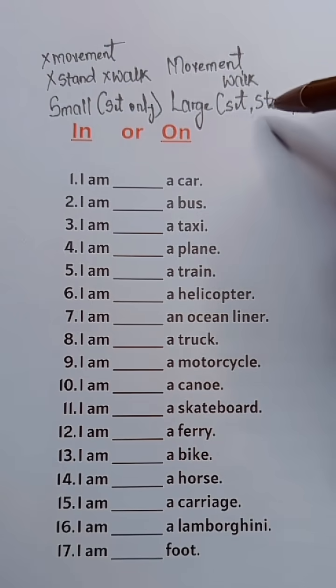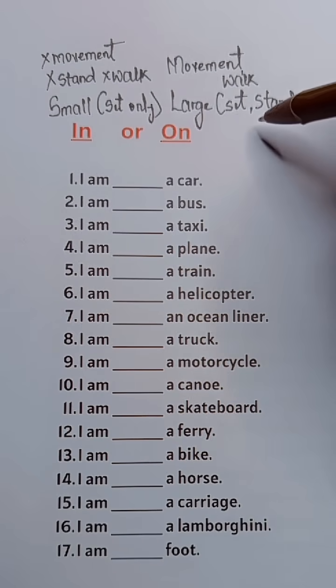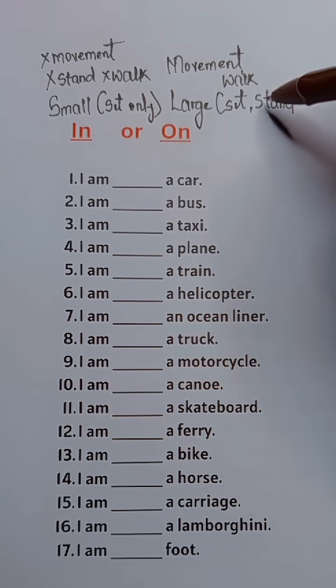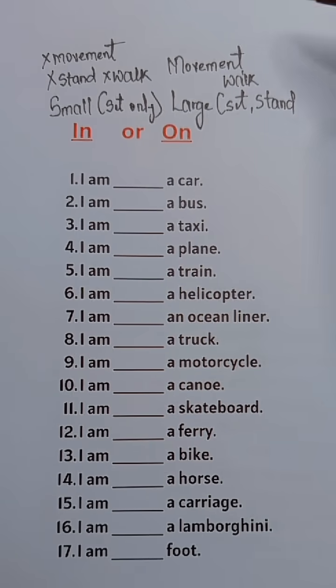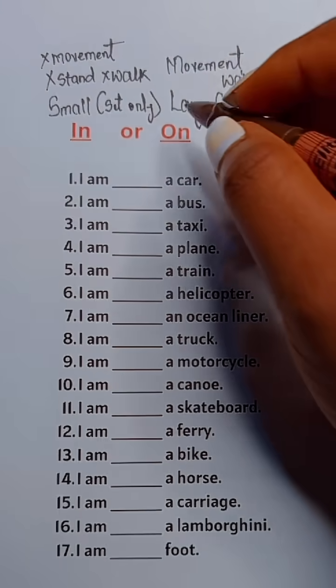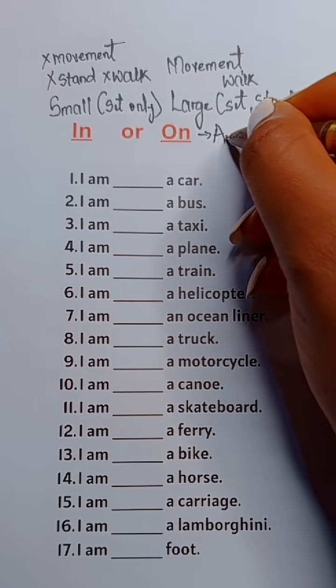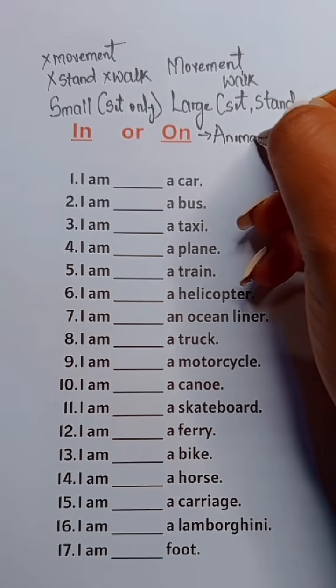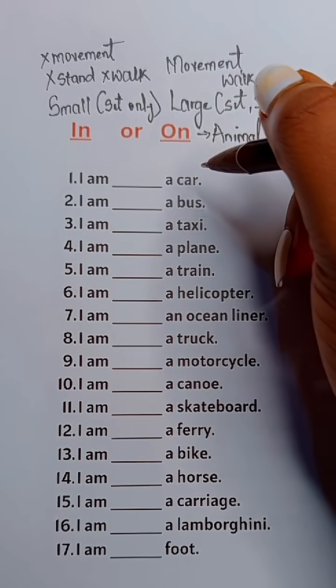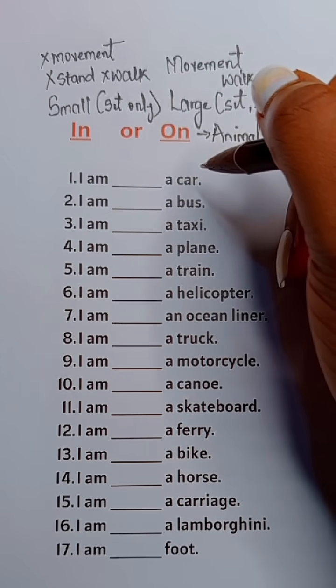You can sit, you can walk around, you can change seats, right? You can stand in those large vehicles, okay. On is also used for animals as well. Example, you can sit on a donkey or on a horse, okay.